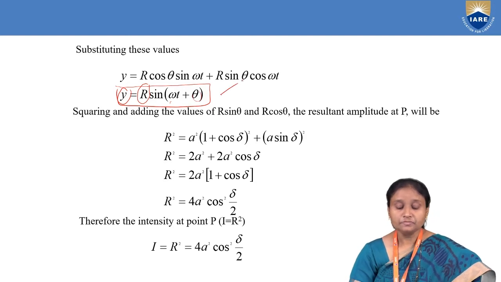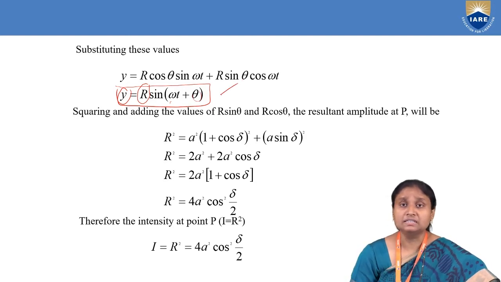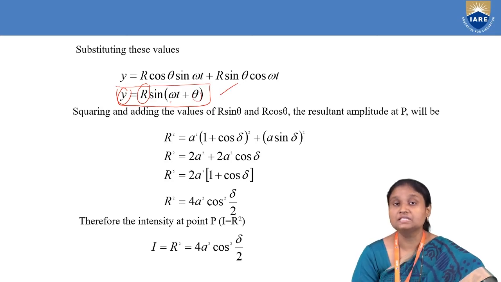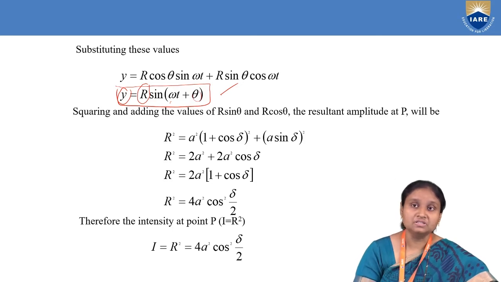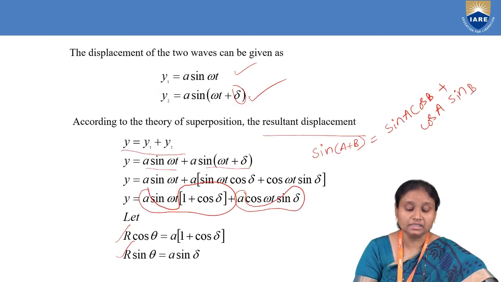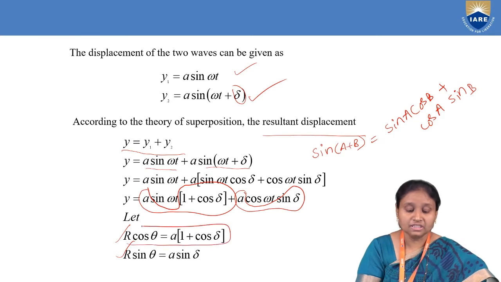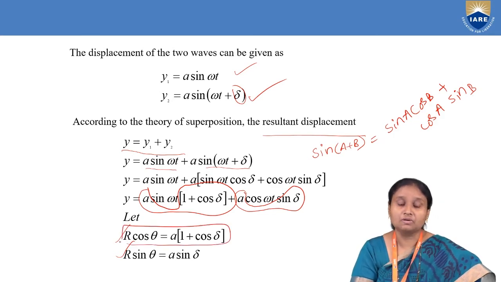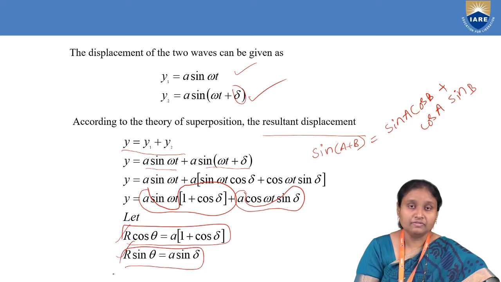And now we try to see what the resultant intensity is because of superposition of these two waves whose displacements are given by y1 and y2. For that, I am making use of the expressions for r cos theta and r sin theta. R cos theta, as we have seen here, is given as A into (1 plus cos delta), and r sin theta is given by A sin delta.